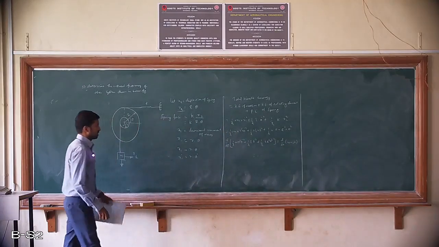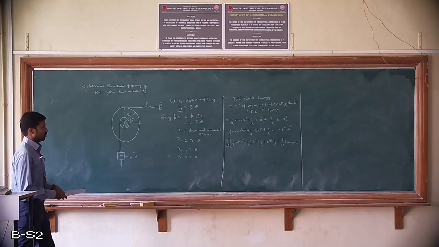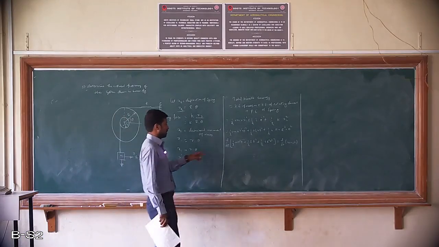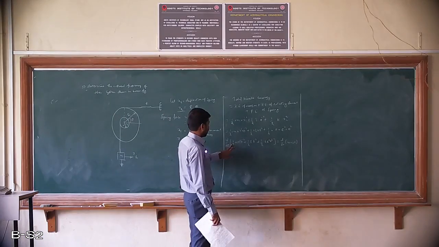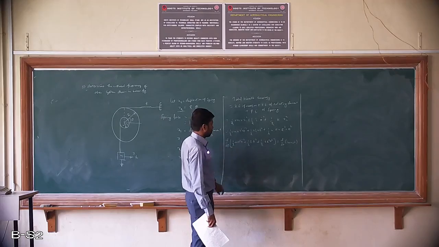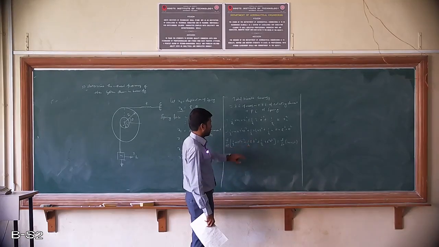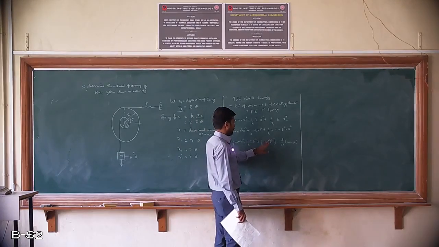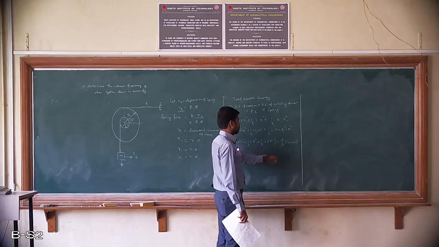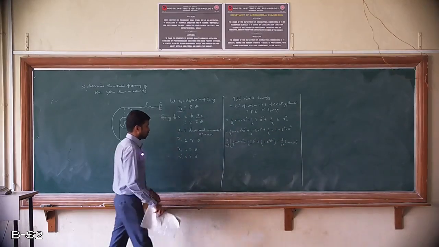So differentiating the equation with respect to time, we are going to arrive at the equation: d by dt of half m r square theta dot square plus half I theta dot square plus half k r square theta square is equal to d by dt of constant.